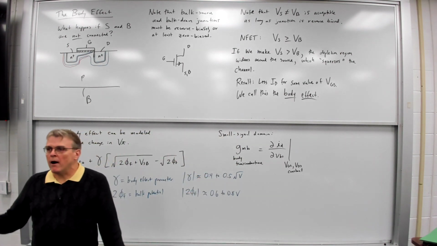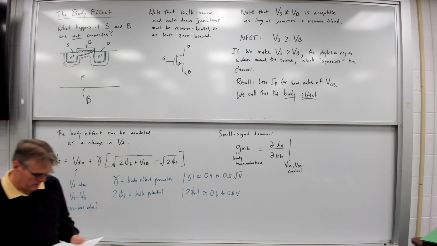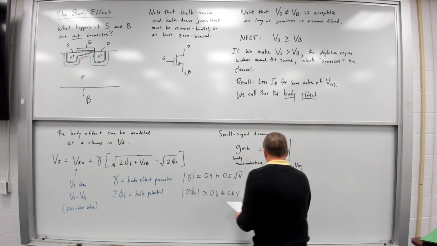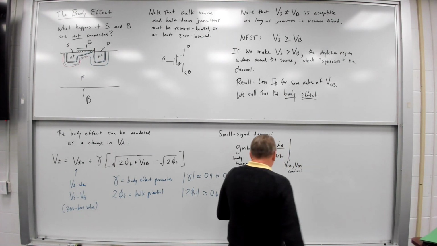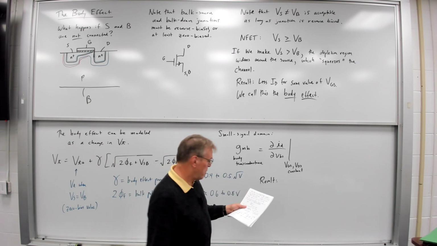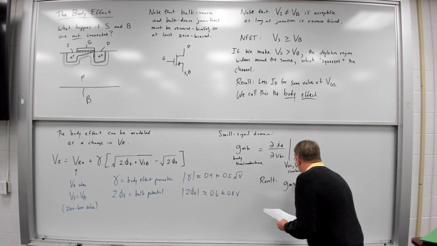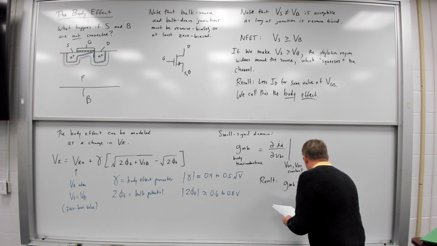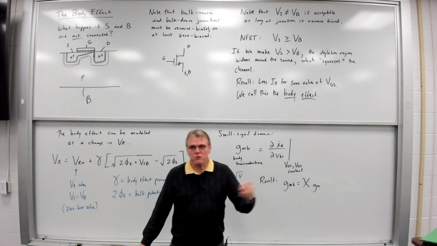Now, I'm not going to bother to try to calculate this or to do that derivative. It's kind of messy mathematically, but I'll show you the result. What we'll get is the following result, that GMB is equal to a factor times the standard transconductance.